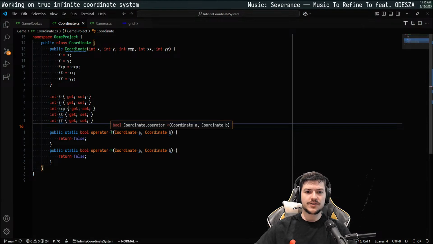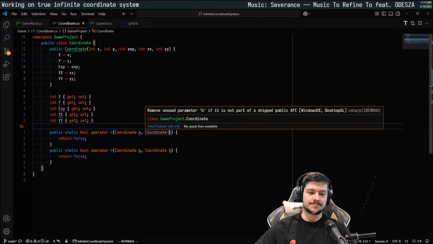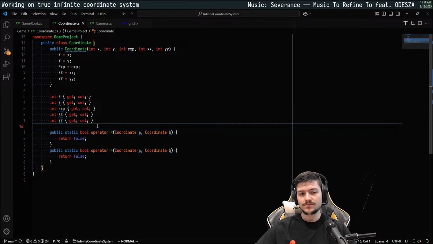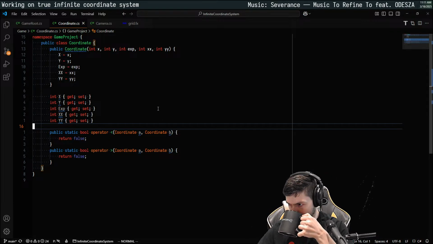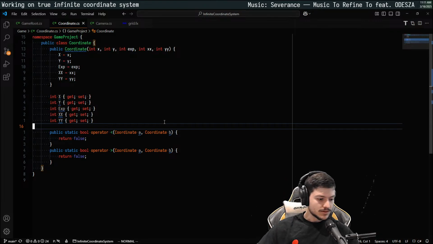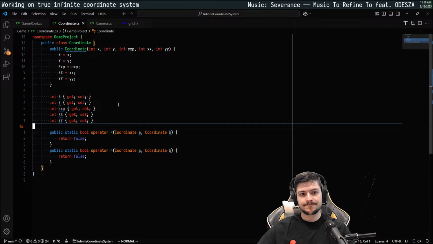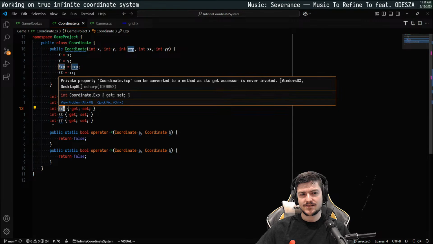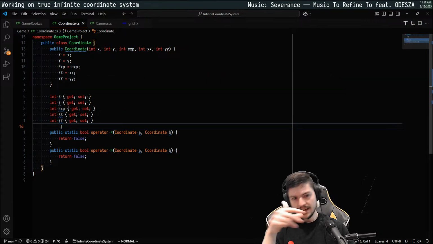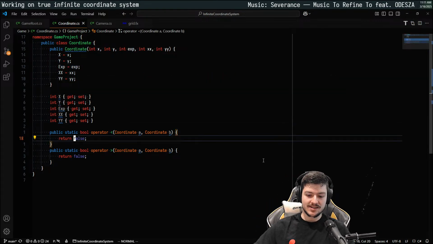So how do I know if a value is smaller than another value? Step one is you should check the exponent, right? If the exponent is the same, okay, wait, let's try this.